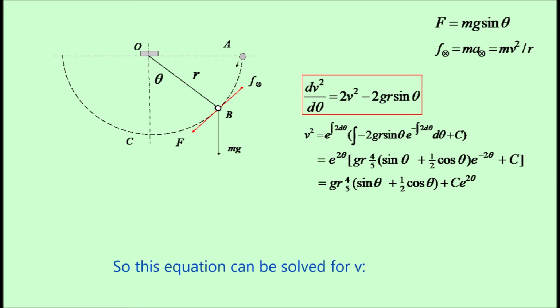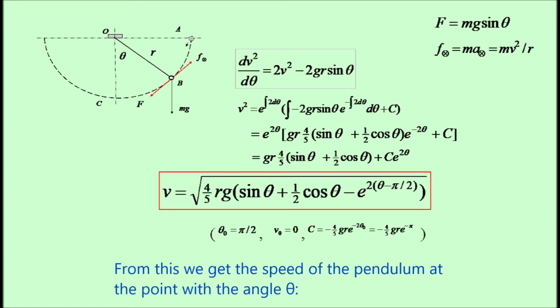So this equation can be solved for V. From this we get the speed of the pendulum at the point with the angle theta.